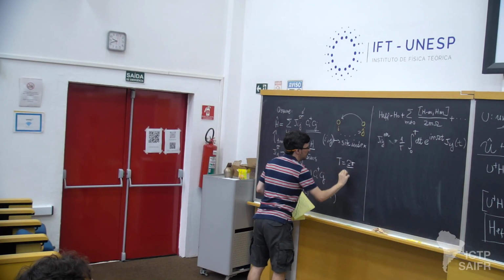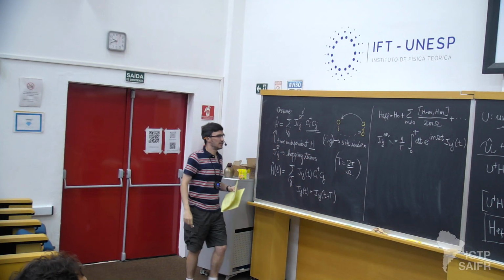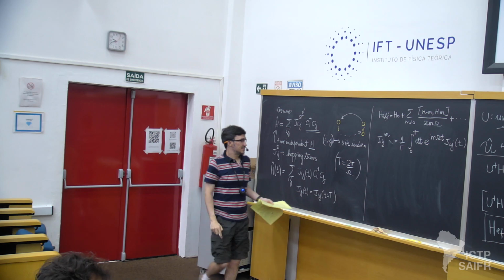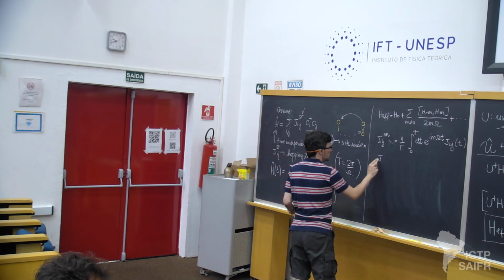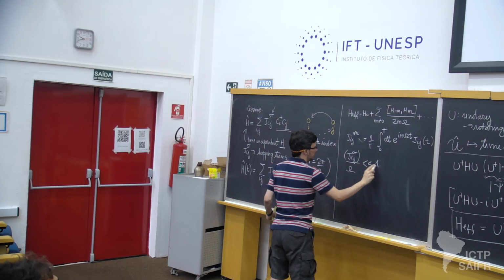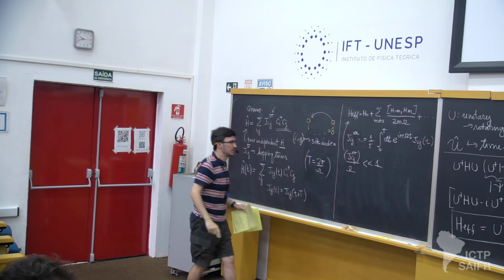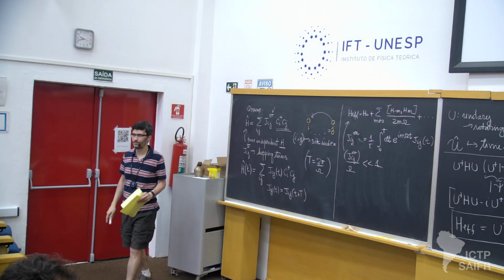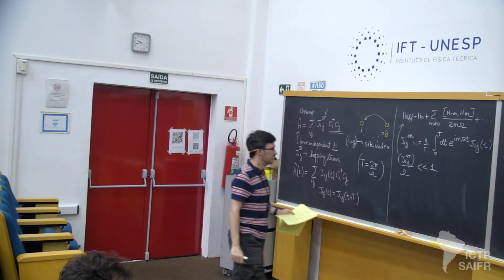Exactly. 2 pi by omega is the big frequency. And what is the assumption here? The assumption here is that J_ij stationary divided by big omega is significantly less than 1. So I have all the ingredients that I need.